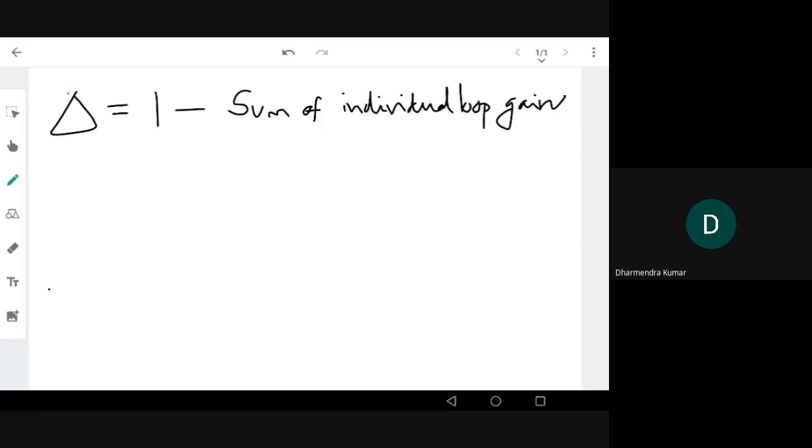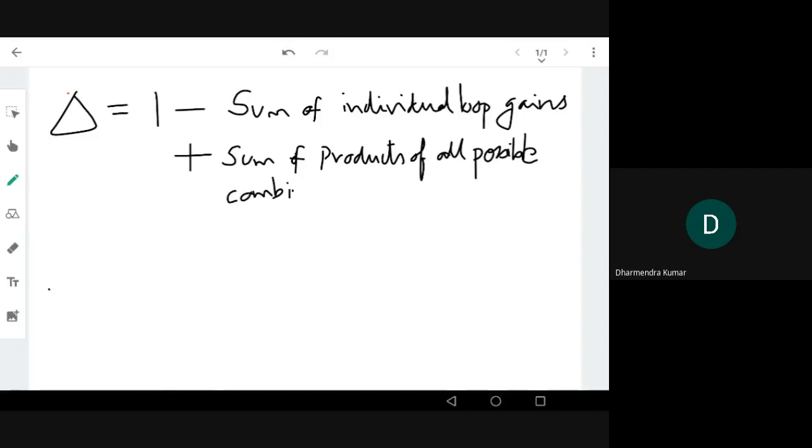Okay, now this formula continues. Individual, now you should remember this individual. Now again there's a plus, this is a continuation. Now the thing is, the sum of products of all possible combinations of two non-touching loops, very important, non-touching loops.